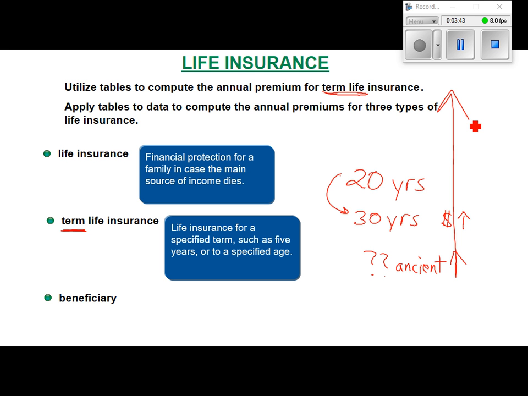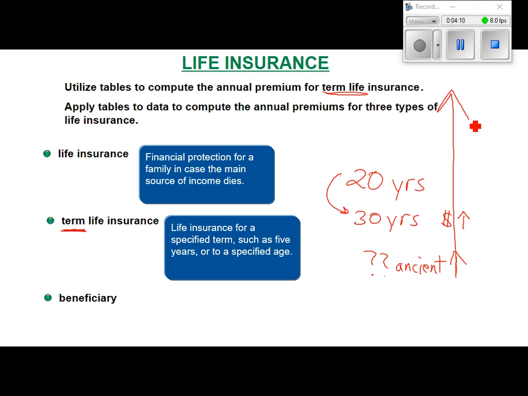And all these policies are based off of, some of them you'll have to maybe get a physical or something, depending on what you do, whether you use tobacco, whether you smoke. I'm sure they'll stick vaping in there now.